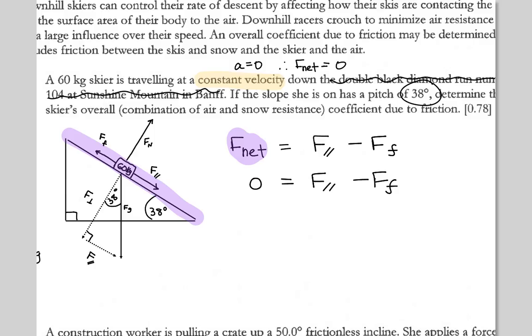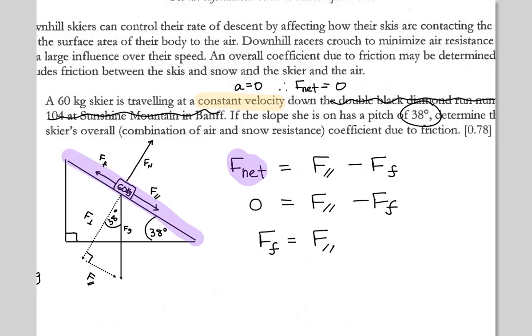Some of you that are quite bright at physics could have skipped these two steps and gone to here right away. That's what Mr. McCracken was doing with you the other day. He just went right to it. If you're quite bright, you can jump into this, but I do recommend that you go through the process.